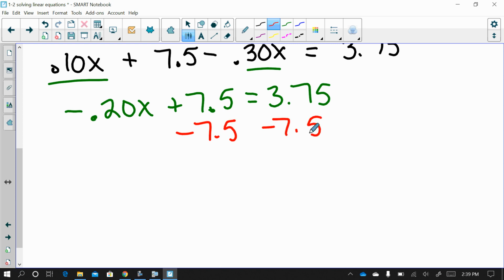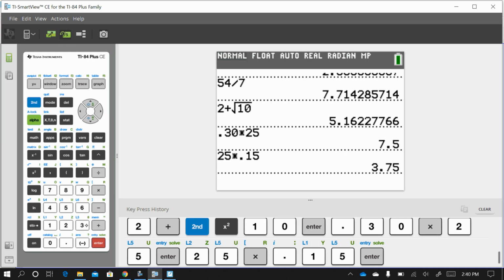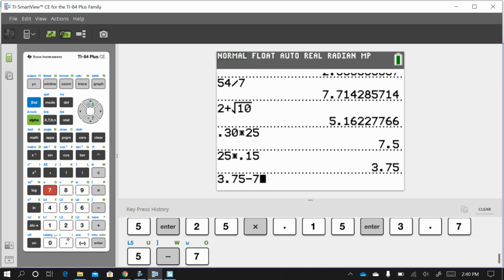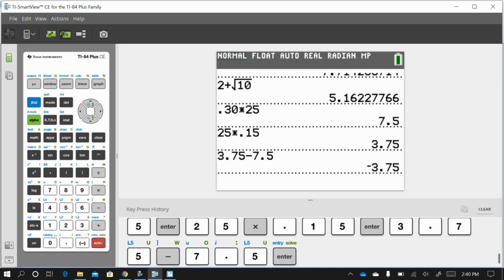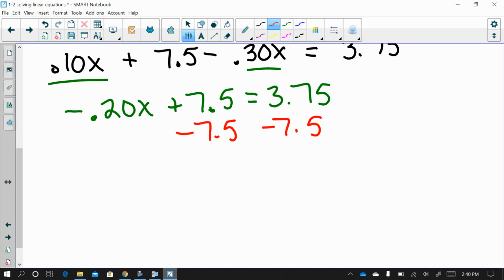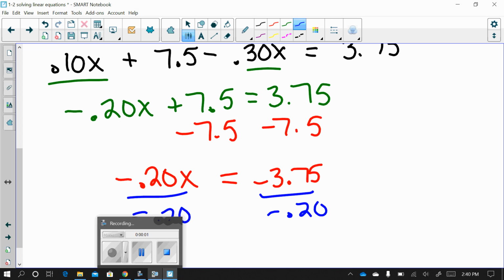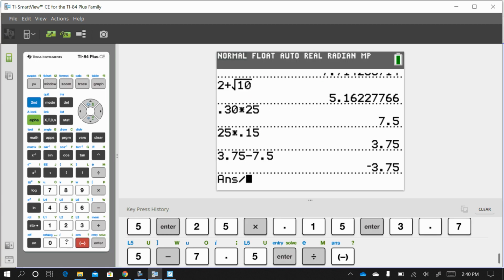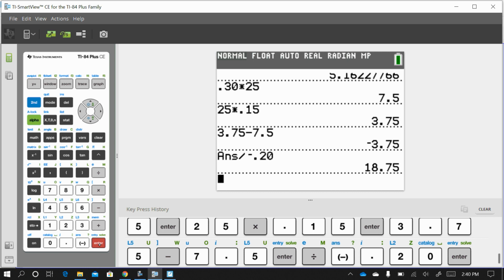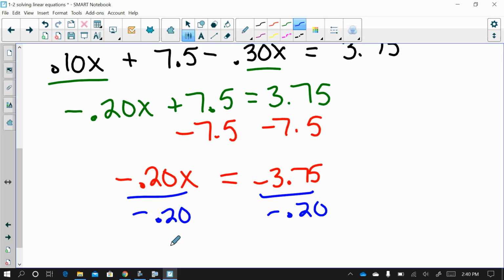Again, I don't know that off the top of my head, so let's do that real quick. 3.75 minus 7.5, a negative 3.75. Last step, divide by negative 0.2. I get 18.75.